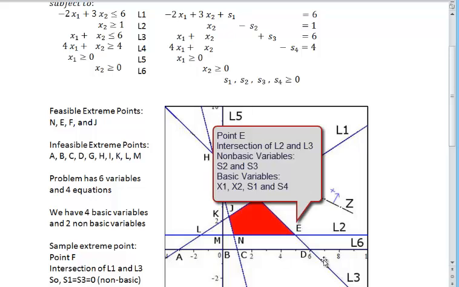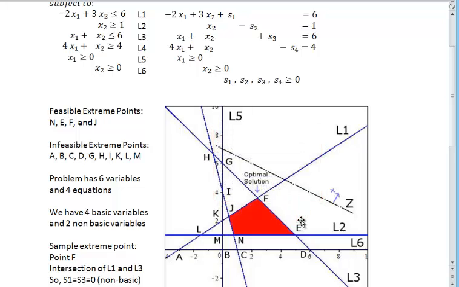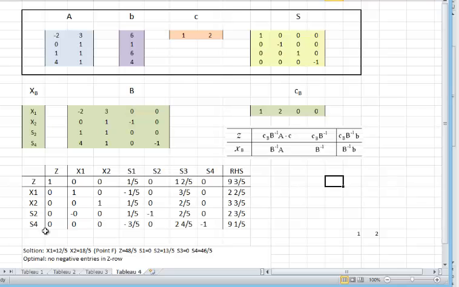Therefore, S2 and S3 are 0, they are non-basic. And then the rest of the variables are basic. Exactly, you can repeat the same process and get a tableau for that one.